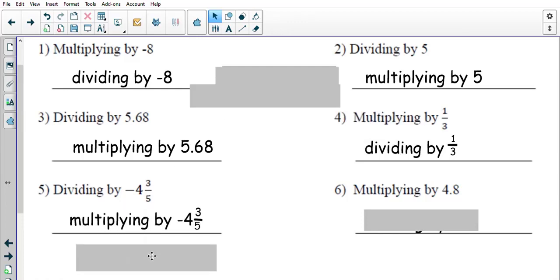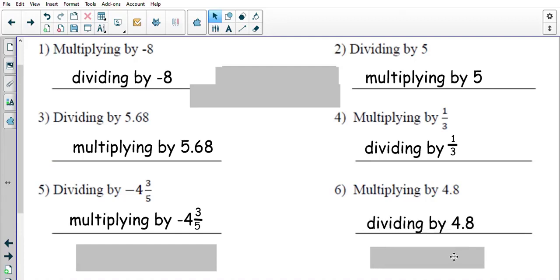It's multiplying by -4 and 3/5. And finally, what's the inverse of multiplying by 4.8? Dividing by 4.8. Hopefully you see in these examples that there's only one option. Again, you cannot change the sign on the number here. It has to be changing the operation for multiplication and division. Really important for us.